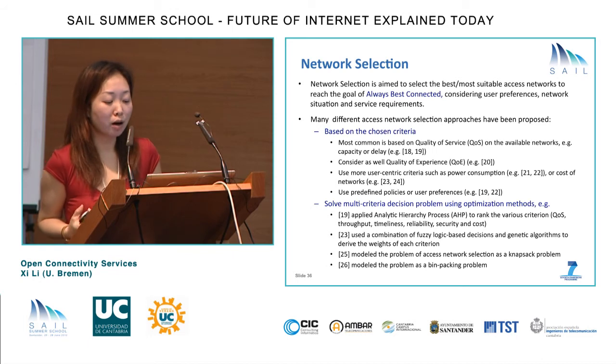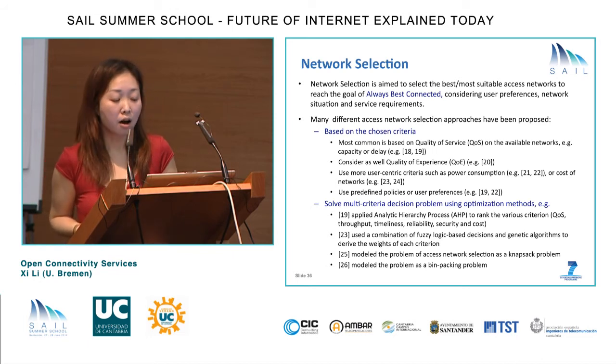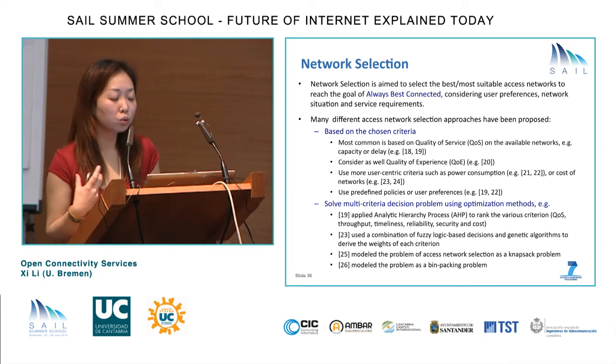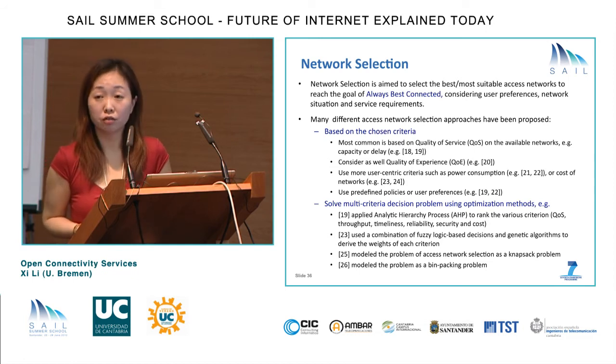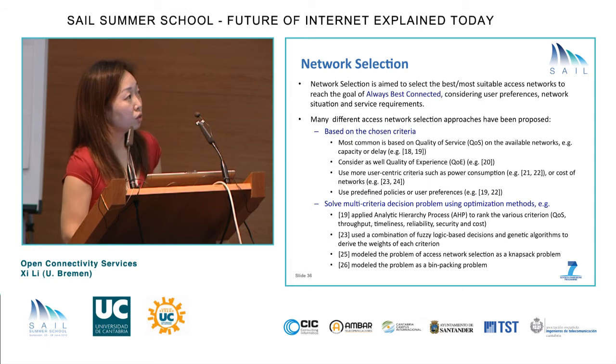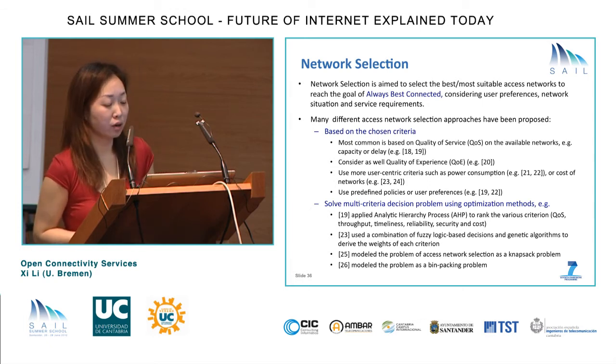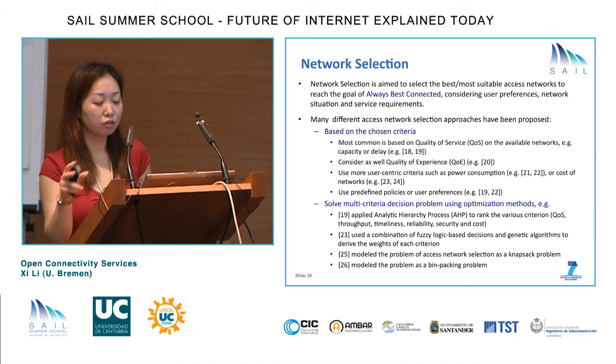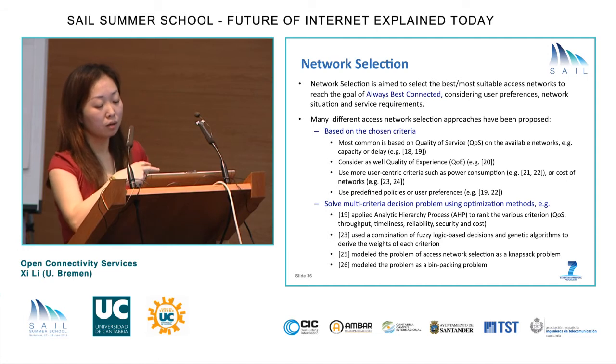So there is the case where multiple criteria need to be considered. In this case, there are also several studies using multi-objective optimization methods in order to select the most suitable access network. For example, some studies use the analytic hierarchy process to rank the different criteria, and when they are ranked with this method, you can choose the best access network accordingly.